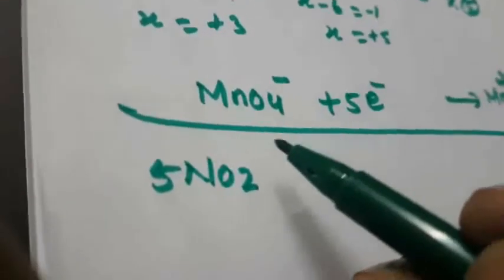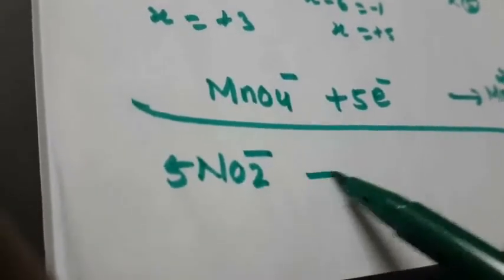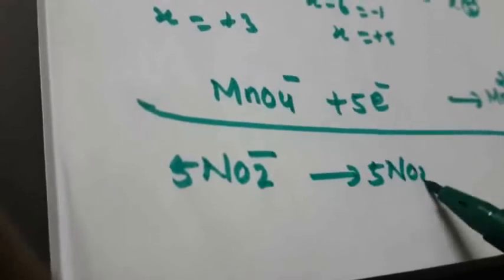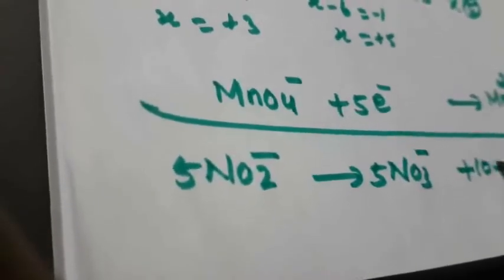5 NO2 minus gives 5 NO3 minus plus 10 electrons.